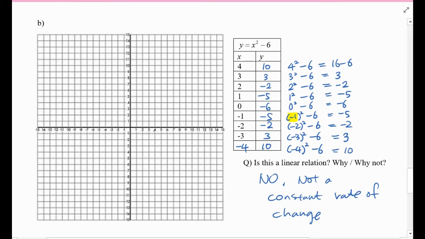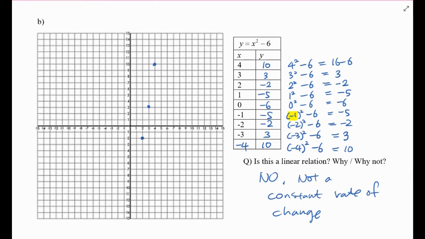So 4 comma 10. 4 comma 10 is here. 3 comma 3 is here. 2 comma negative 2 is here. And 1 comma negative 5 is here. And 0 comma negative 6 here.